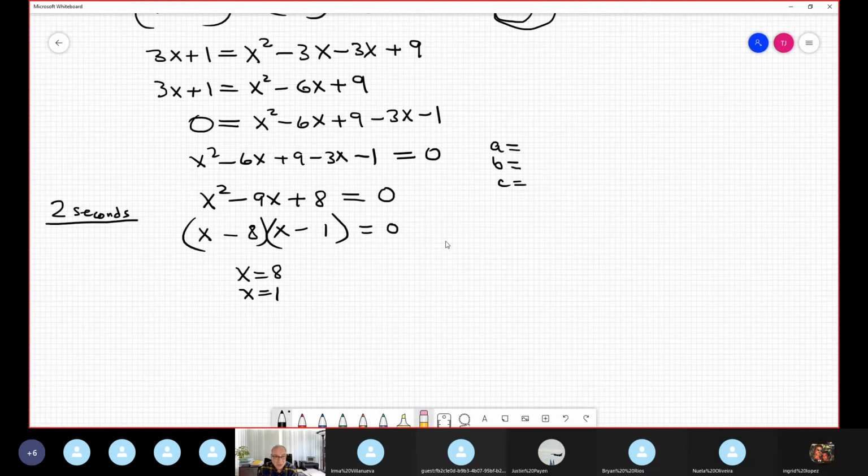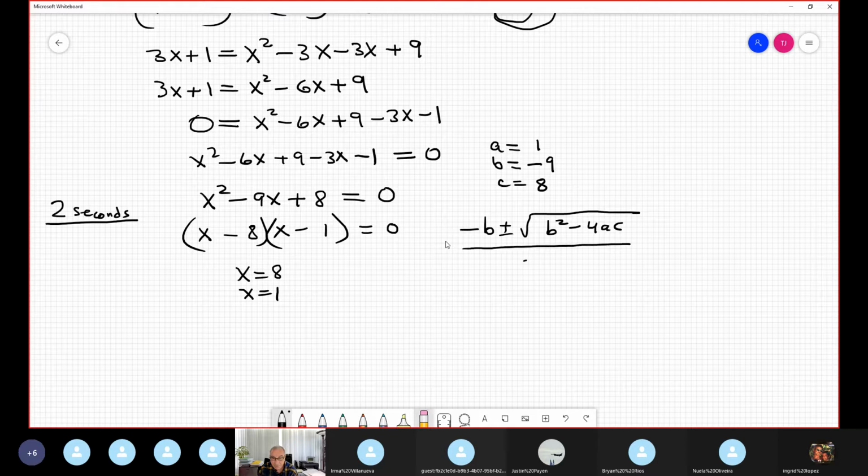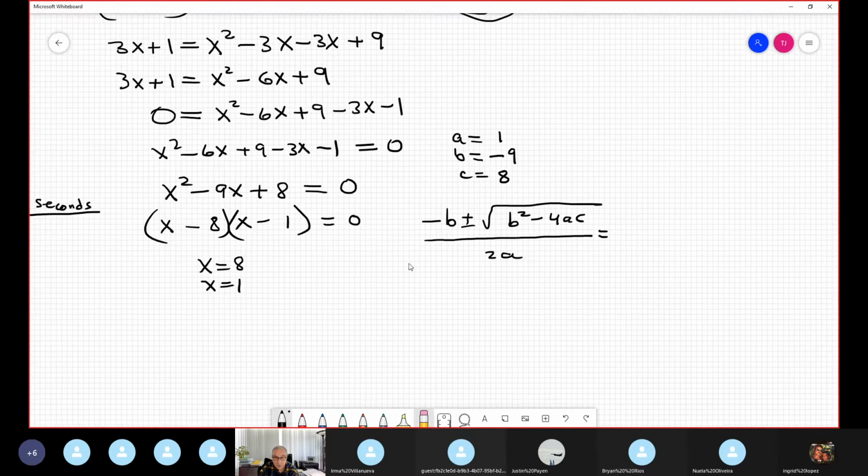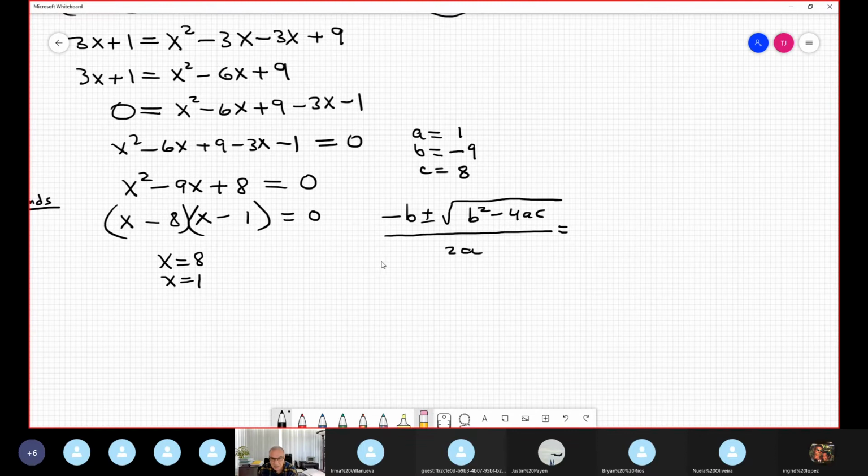However, this is the quadratic formula. In the quadratic formula, A is 1, B is negative 9, and C is positive 8. And you apply the quadratic formula. Okay, let's do it. This is 9, double minus becomes positive.